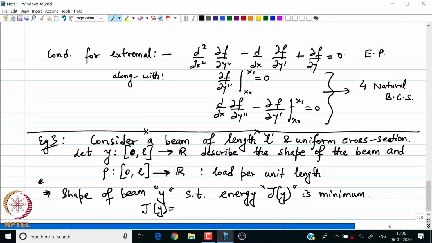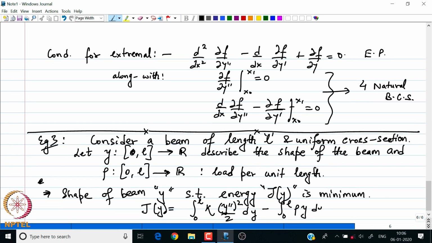Okay. So, the energy of the beam in the most simple notation could be written with a constant, let me call this kappa, times y double prime squared by 2 dx, minus the integral from 0 to L of rho y dy, right. So, my variable here is y.